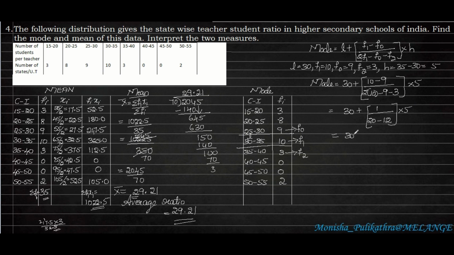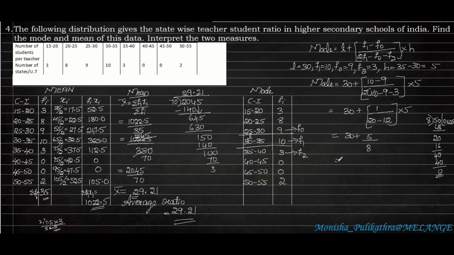So here 30 plus 5 ones are 5, divided by 20 minus 12 is 8. So now we can divide this, or else we can take the LCM. I'll be dividing it, that is 5 divided by 8, 0. So 6 8s are 48, 2. So 8 2s are 16, 4, 0 comes. So 8 5s are 40.